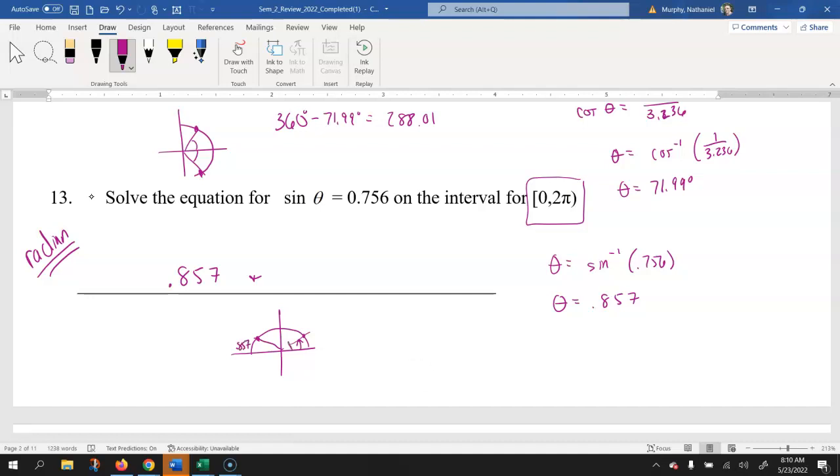If I want to figure out what this would be, because this is pi right here, I'm going to take pi minus 0.857. So having a visual really helps as far as figuring out: do I subtract it from pi? Do I subtract it from 2 pi? Do I add it to pi? From here we can see that we would subtract that value from pi to figure out what that value for theta would be. When you do that, you get 2.283 approximately. Again, both of those are in radians.